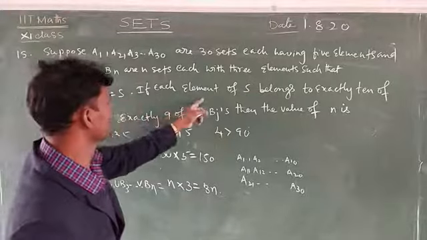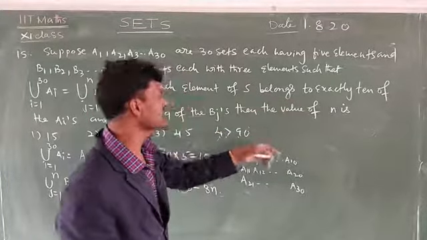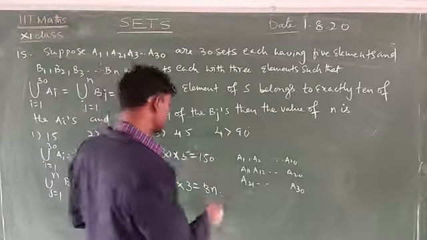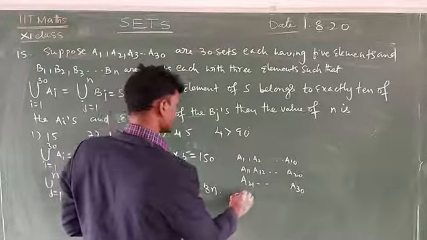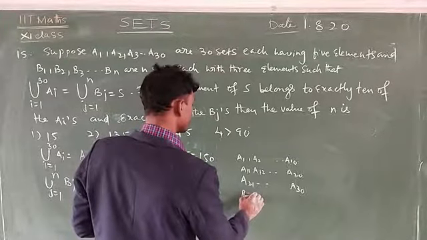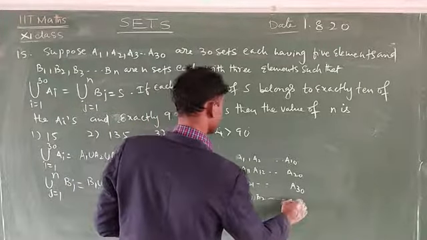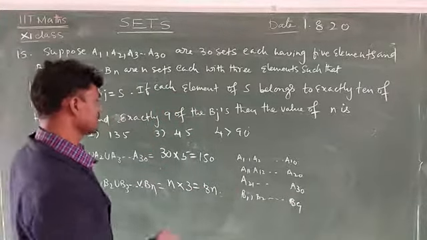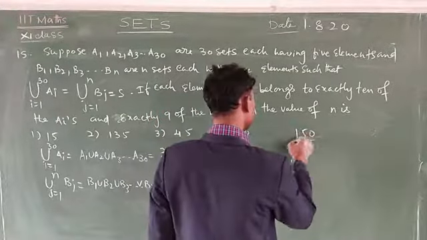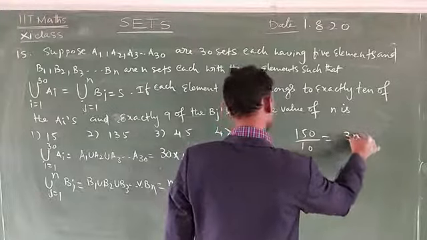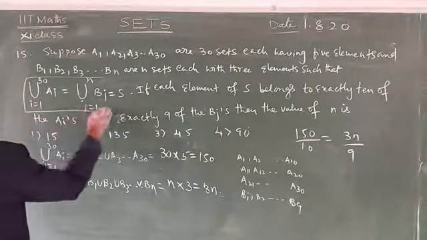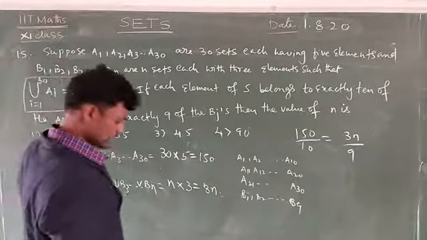That's why each element of S belongs to exactly 10 Ai's and exactly 9 of the Bj's. Here the total is 3n. Similarly B1, B2, B3 up to B9, thereafter B10 and so on. That's why 150 by 10 is equal to 3n by 9. Why? Because both are equal to S.